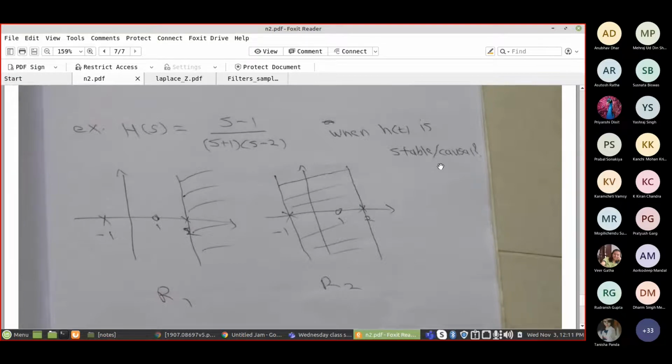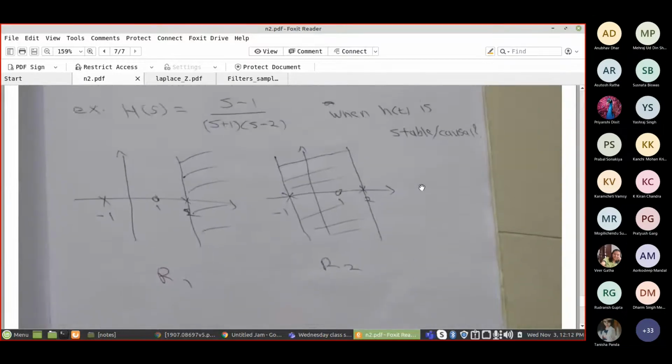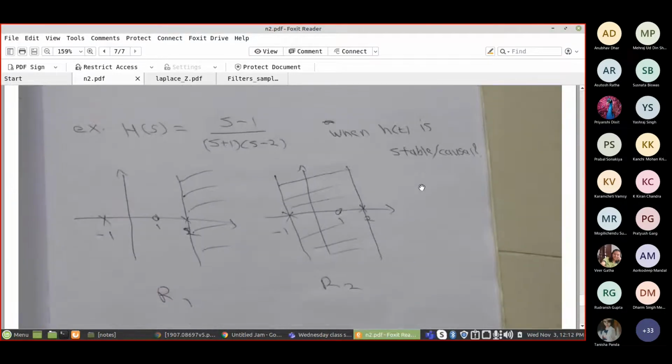We are given these three regions. Now once the explicit expression is given, we know that there is a pole at -1, a pole at +2, and a zero at 1. So we know where our poles and zeros are.